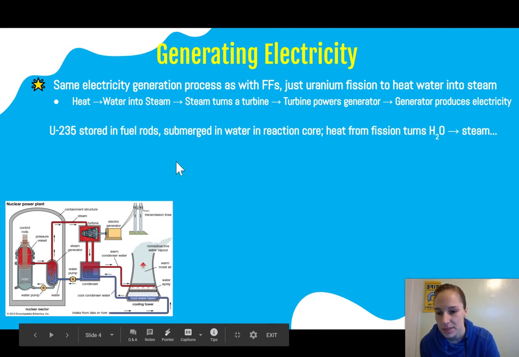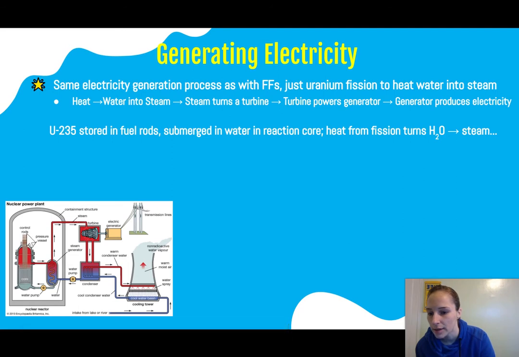For example, this is what a nuclear power plant generally looks like. You're going to have water coming into the reaction core area. Now we've got these rods that you then put into the water.